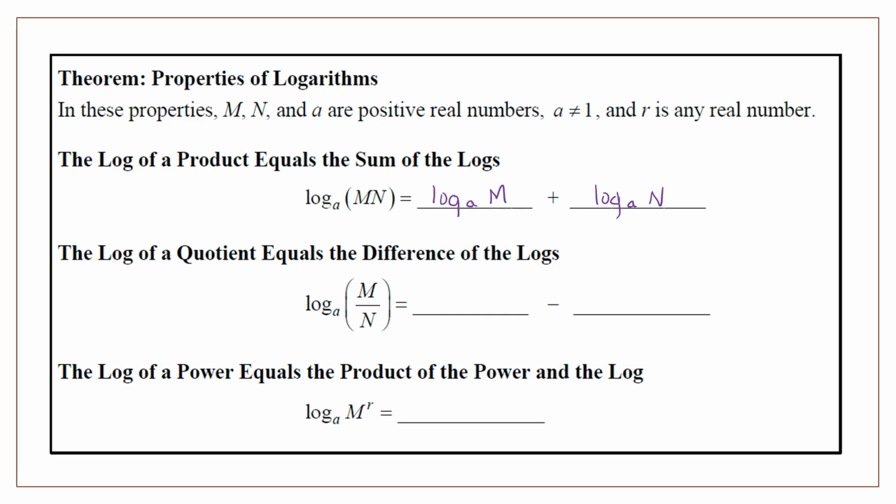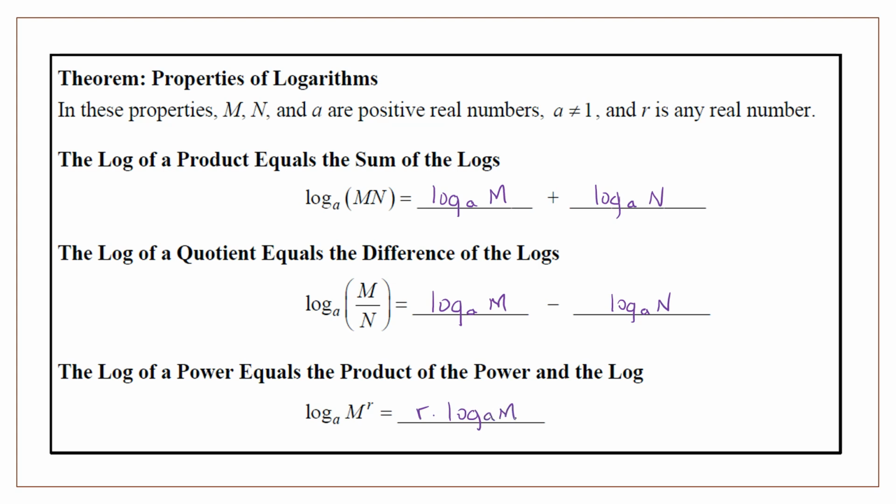So log base a of m divided by n equals log base a of m minus log base a of n. The log of a power equals the product of the power and the log. So log base a of m to the power r equals r times log base a of m.